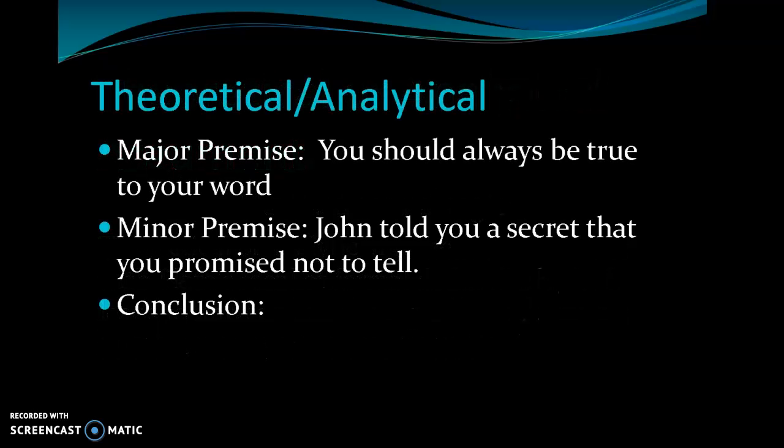As an example of dealing with a question in the world, if we have the major premise that we should always tell the truth, and the minor premise, John tells us a secret and we promise not to tell, then the conclusion should be self-evident, right? We won't tell John's secret. In an idealized argument, it would work that way.